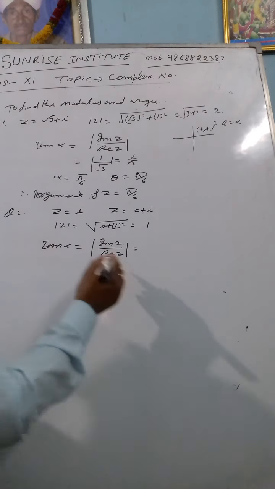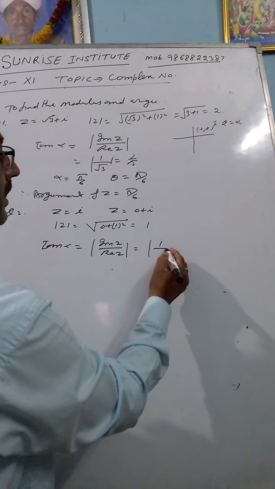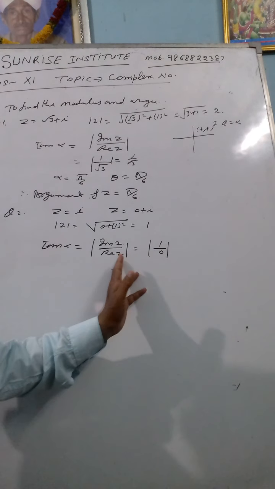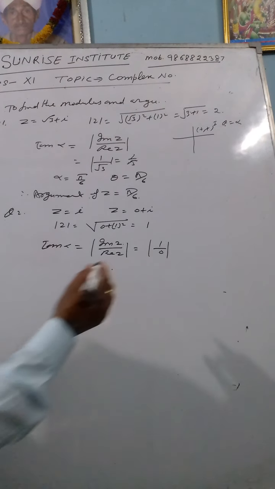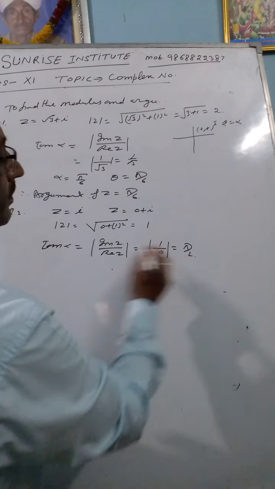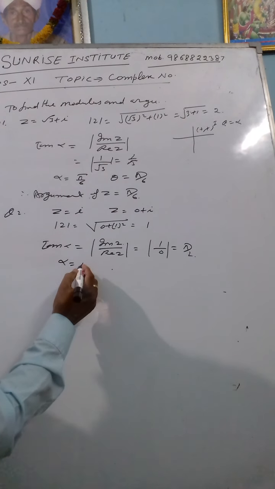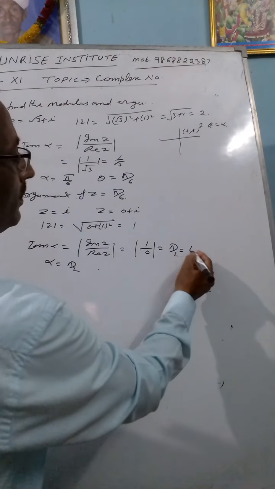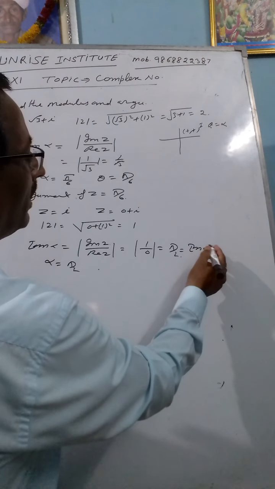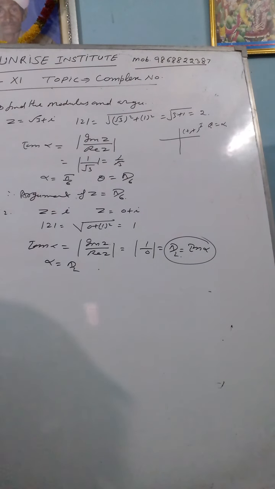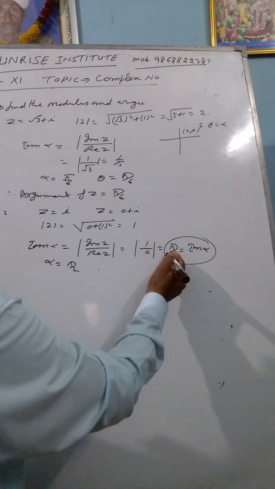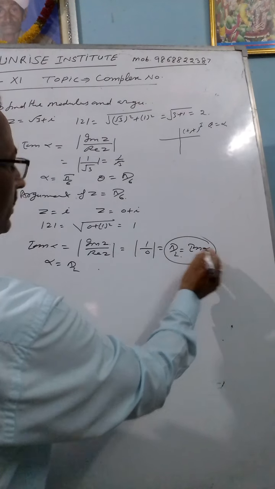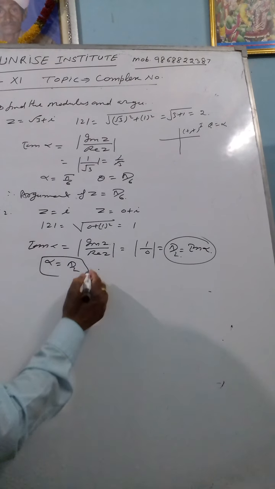Okay students, then the imaginary part is 1 upon 0, that is infinity, that means pi by 2, alpha equal to pi by 2.